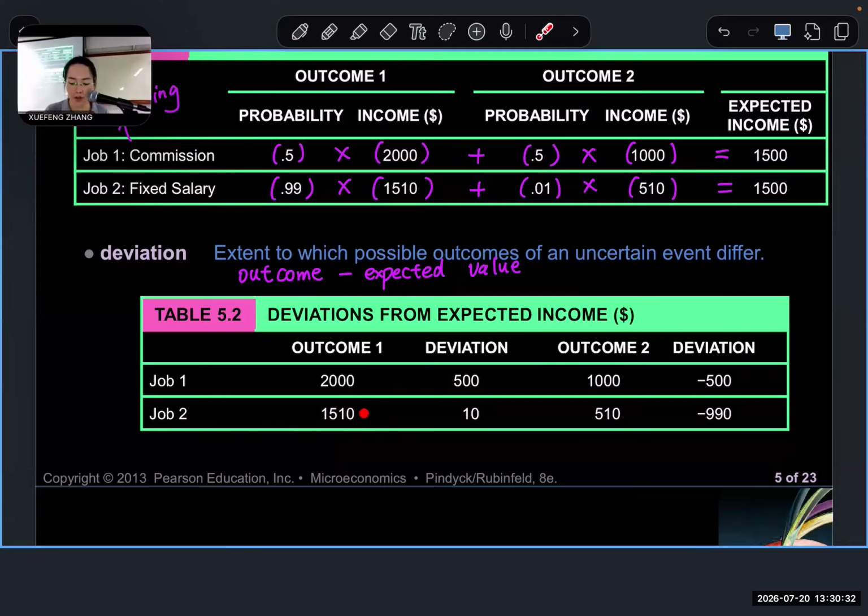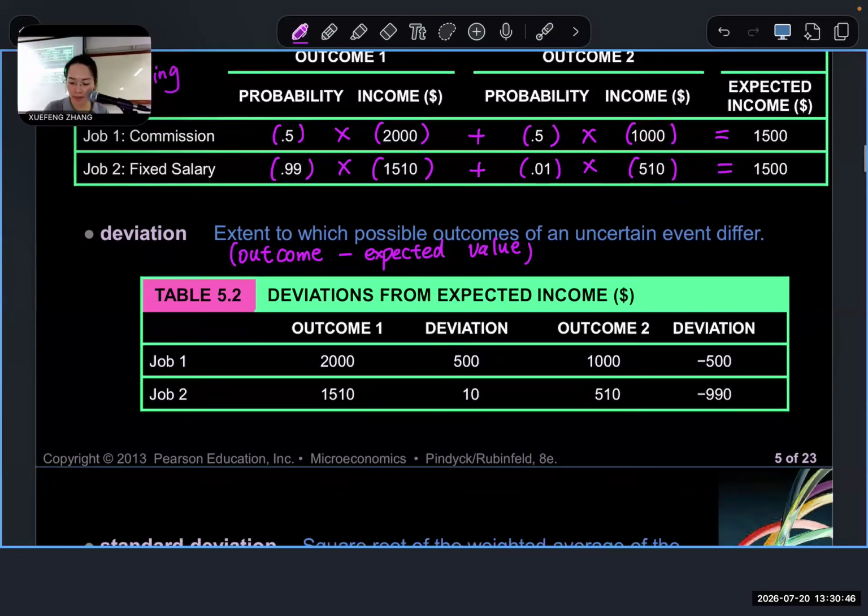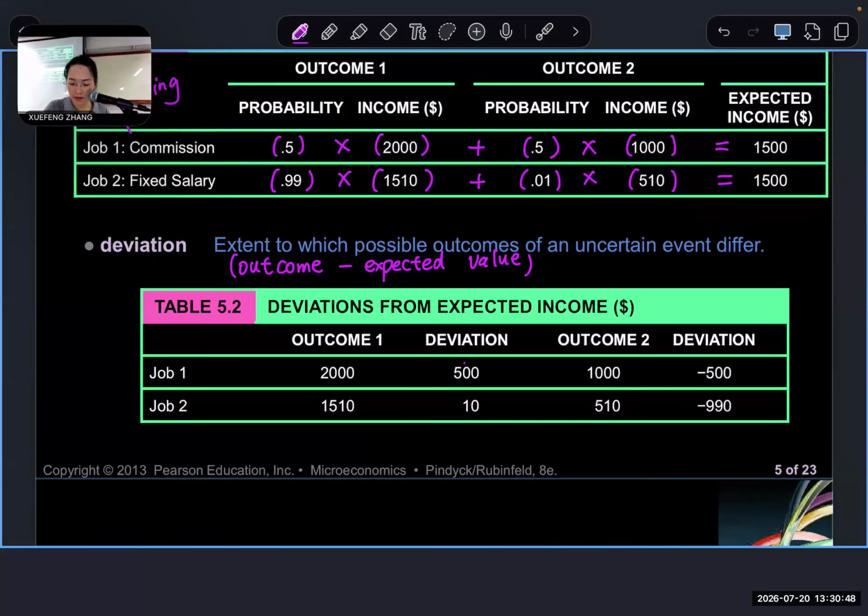Same as job 2, you use outcome 1,510 minus 1,500. Okay, this is how we get the deviation. So for job 1, the deviation is positive 500 to negative 500, right?